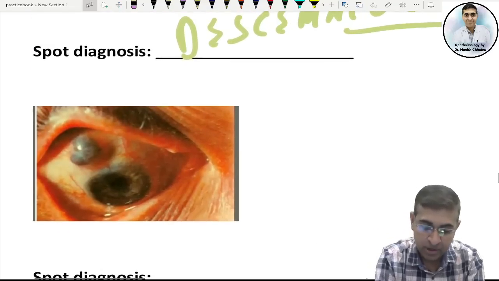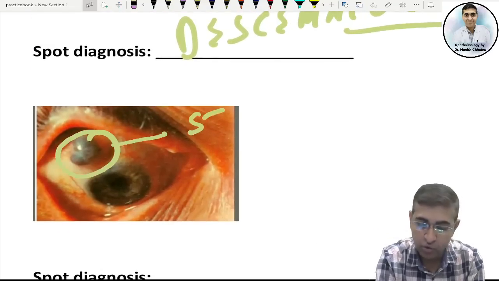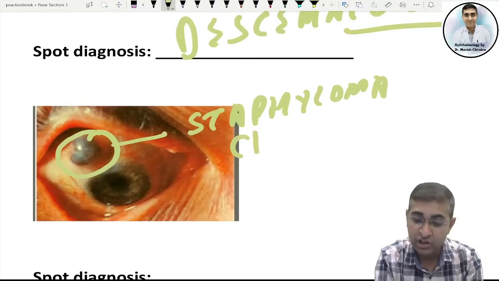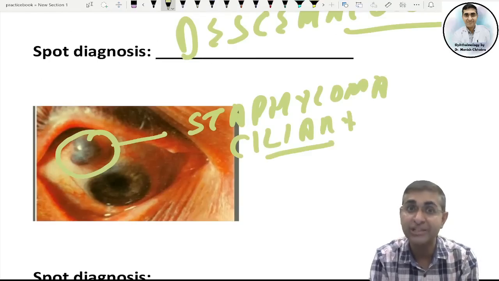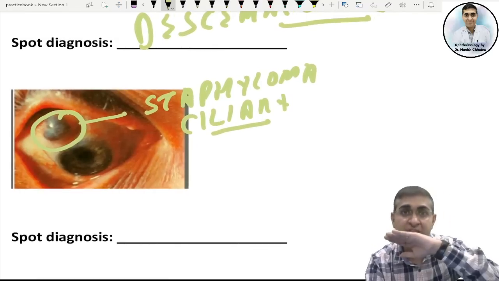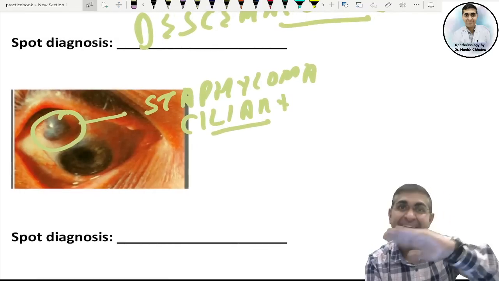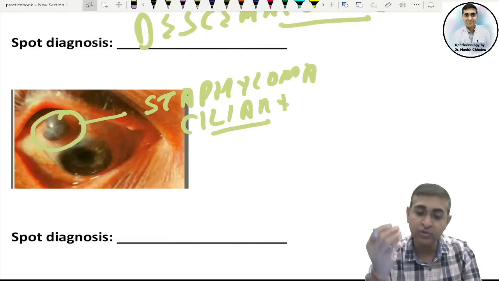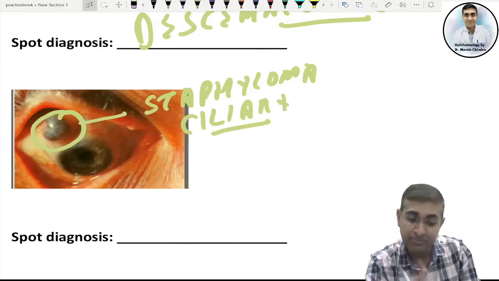What is this? So this is your staphyloma. Which staphyloma? Can you tell me? This is your ciliary staphyloma. Don't confuse ciliary staphyloma with scleromalacia perforans. Scleromalacia perforans is when there is just thinning of the sclera, through which you will see the ciliary body, which will be pigmented like this.